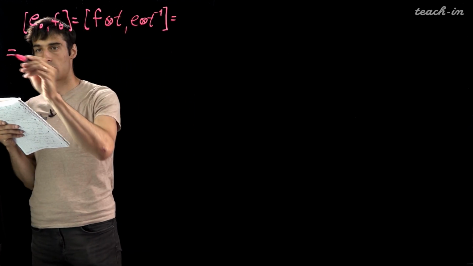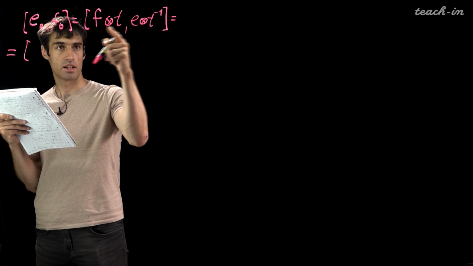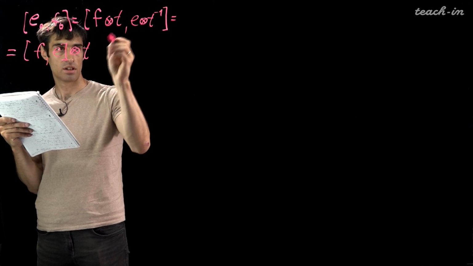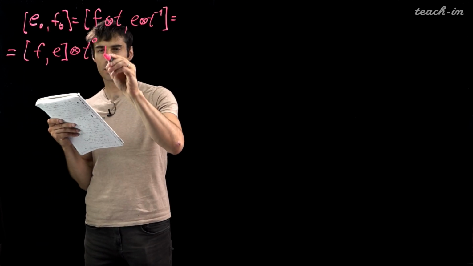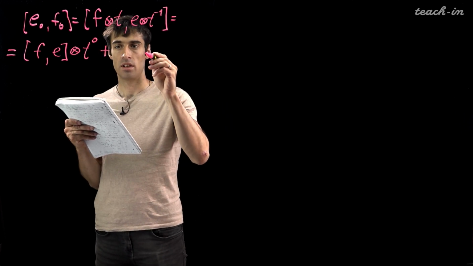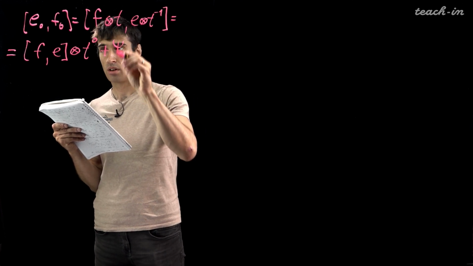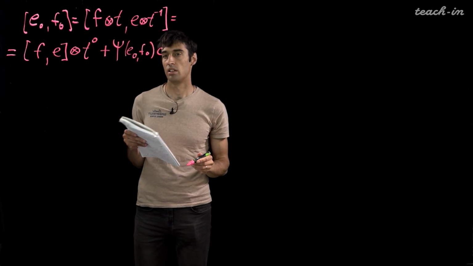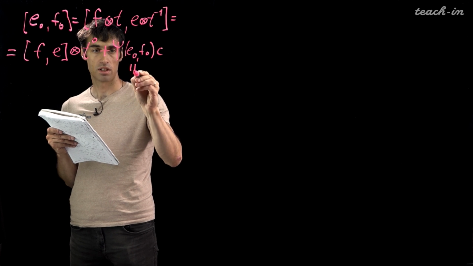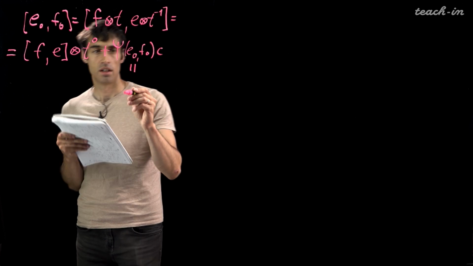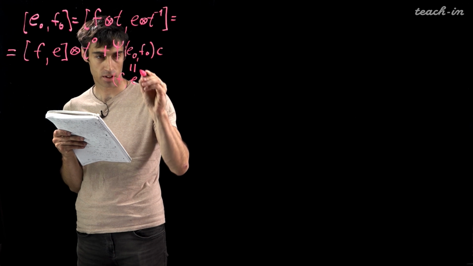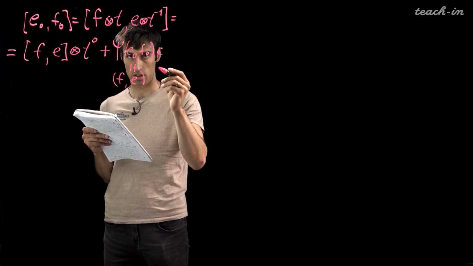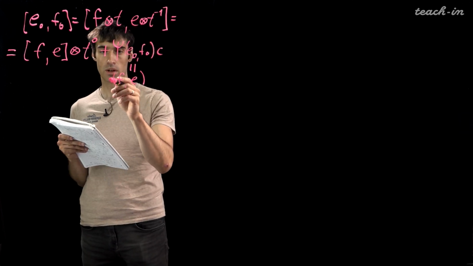Then according to the definition of central extension, it is the commutator of F and E tensor t to the power 1 plus negative 1, so 0 here, plus psi of E0, F0 times C. And psi of E0, F0, according to the formula that I gave you, is the trace form of F and E, because 1 plus negative 1 is 0, so this Tuka cycle is not 0; it's given by 1 times the form.